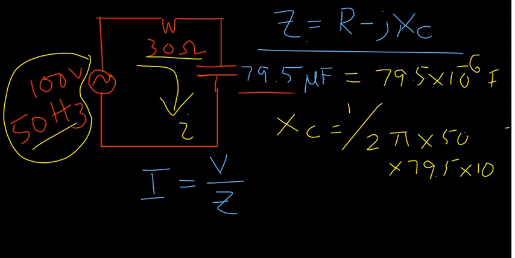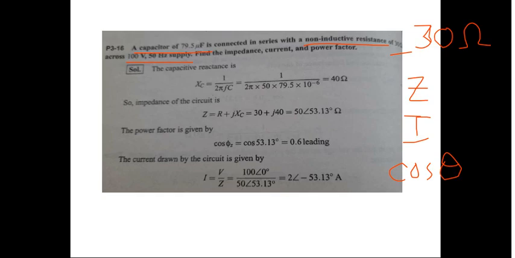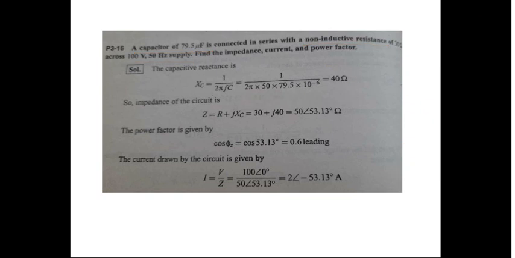So this will give you the value of Xc as some ohm, right? So let us see how they have calculated. The same way it is calculated here, and you are going to get the value of Xc equal to 40 ohm. You can see here Xc is equal to 40 ohm by keeping the same substitution, right?